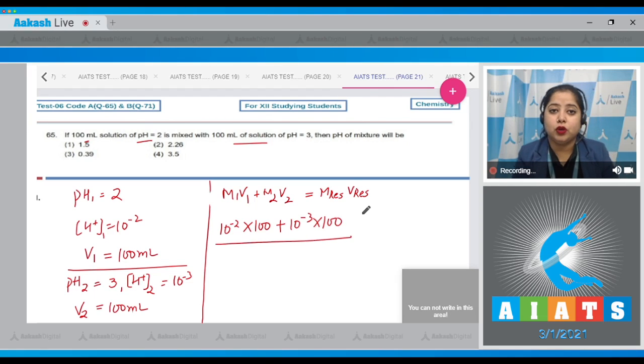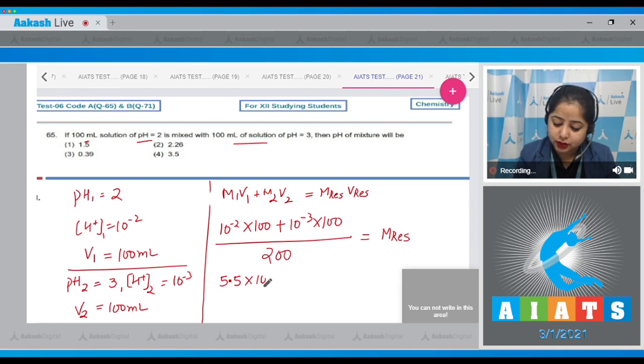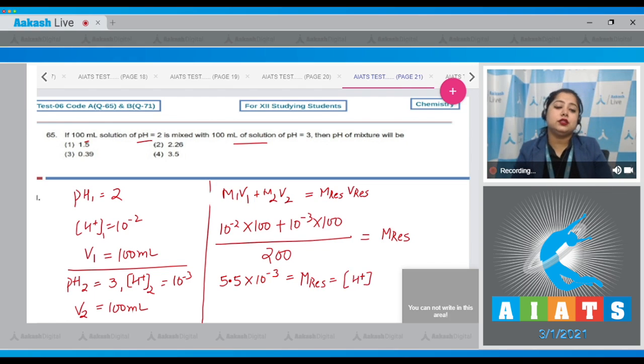Let's take the total volume, the resultant volume, into the denominator, which is 200, which is equal to the molarity of the resultant solution. Let's calculate this. This will be equal to 5.5 into 10 raised to the power minus 3. This is the resultant molarity, or the H⁺ ion concentration in the resultant solution.